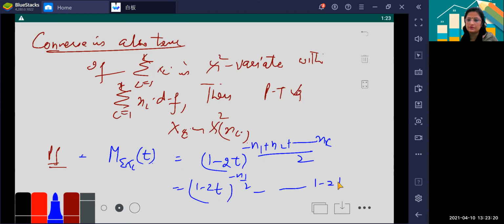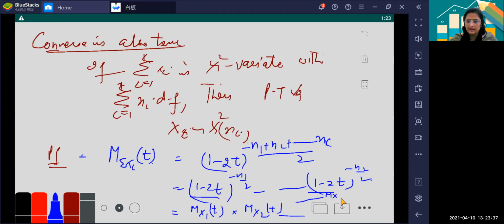This step comes first. Now open it up: 1 minus 2t raised to power minus n1 by 2, and so on up to 1 minus 2t raised to power minus nk by 2. So what is this? This is the mx1 t, this is mx2 t, and so on up to mxn t, the mgf.